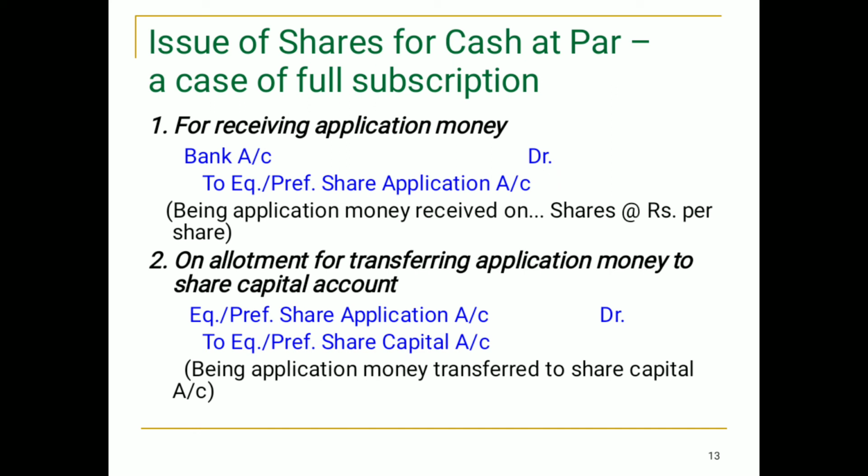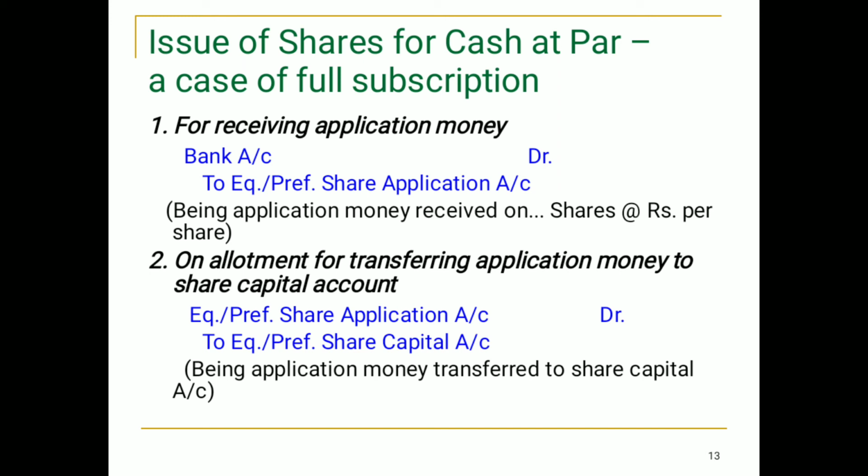All right, okay. Bank account debit to equity or preference share application account. Now in the given question, it will be clearly mentioned whether you are dealing with equity shares or preference shares.